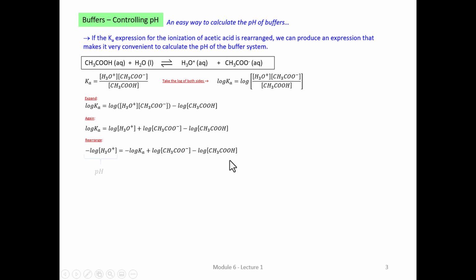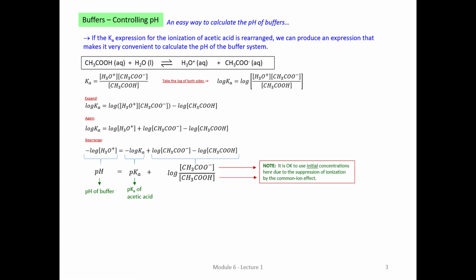You recall that minus the log of the hydronium ion concentration is pH, minus log of the Ka is pKa, and that log of acetate minus log of acetic acid is the same as the log of the acetate concentration divided by the acetic acid concentration. So the pH here would be the pH of our buffer. The pKa would be the pKa of the acetic acid.